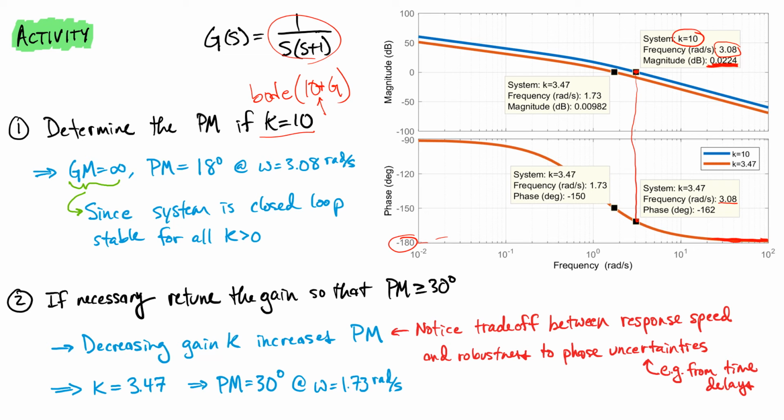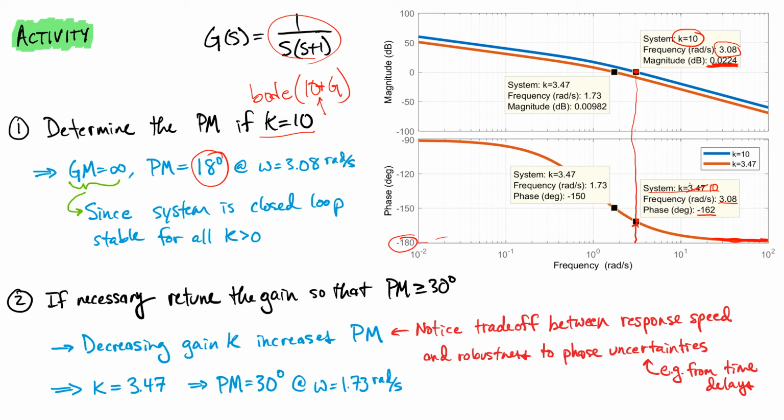And again, this is the same as k equal to 10 because the phase doesn't change. At that frequency, the phase is minus 162, which means that the distance between minus 180 and minus 162 is 18 degrees. And so the phase margin at k equal to 10 is 18 degrees.